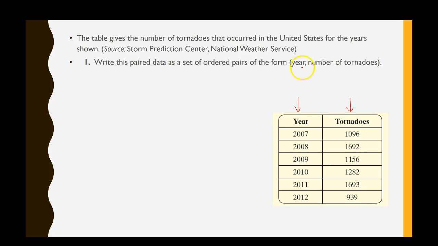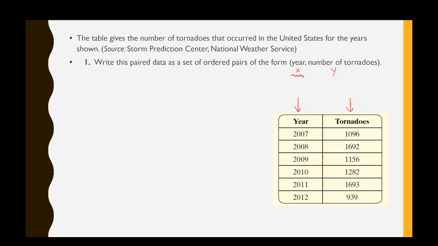We're going to do year as your X, number of tornadoes as your Y. And pretty much 99% of the time, your X is going to represent your time, whether you're talking about years, hours, minutes, or days. It's your time dimension or time measurement.